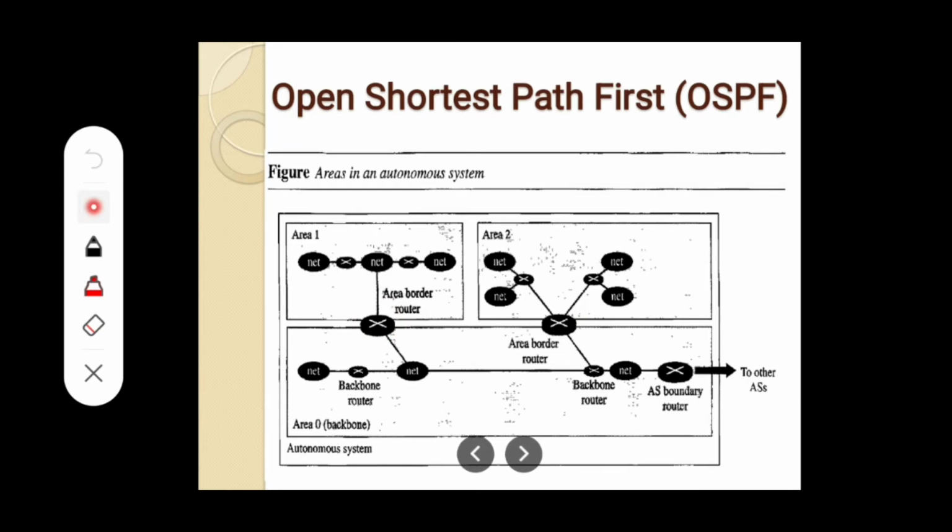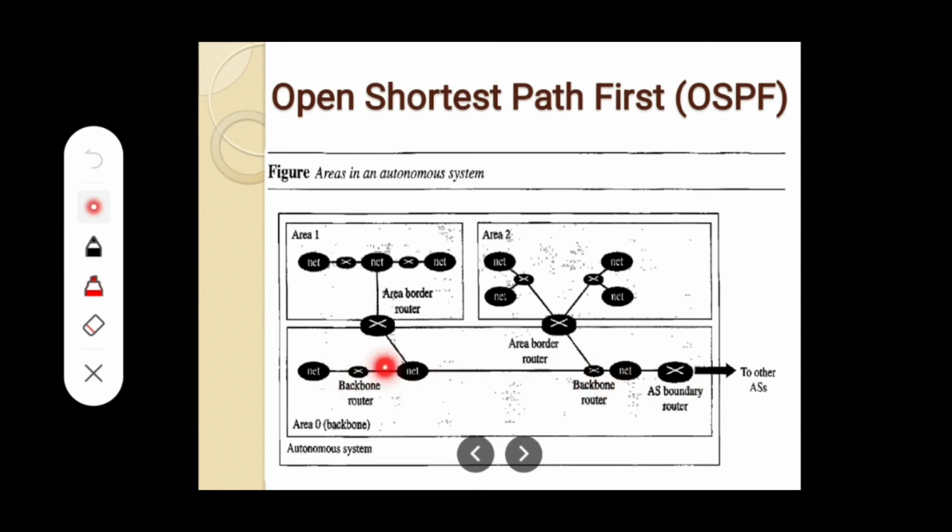This is an autonomous system, this is an area, and this area is connected, and this area is connected. All these areas are connected through area 0, called the backbone. This backbone area has special routers called backbone routers.